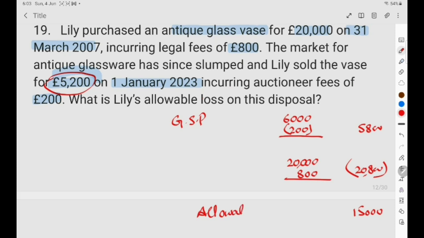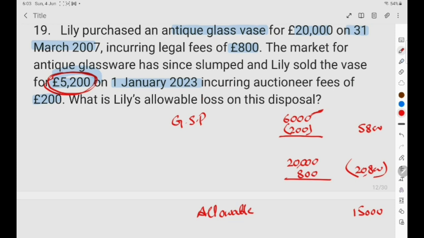So the main point for which this question is important is that you have to remember that if the sale proceed is less than 6,000, we have to take this as 6,000. So here in this question the sale proceed is less than 6,000. So we have to remember it is the gross sale proceed that we have to consider as 6,000, not net sale proceed.